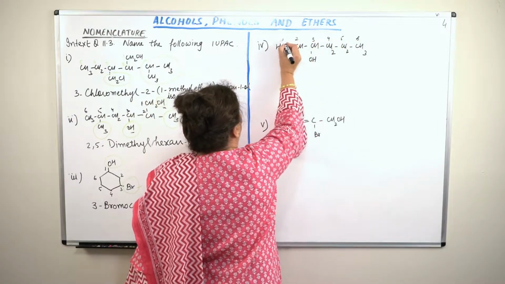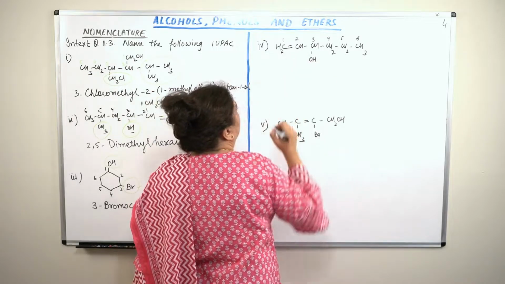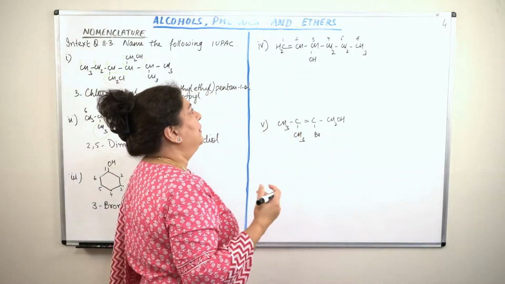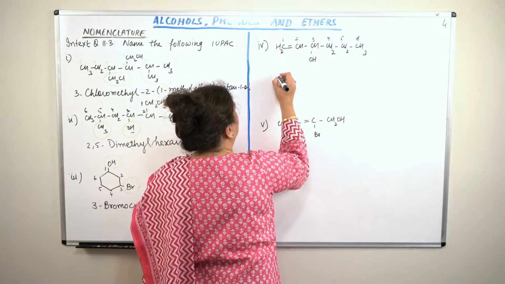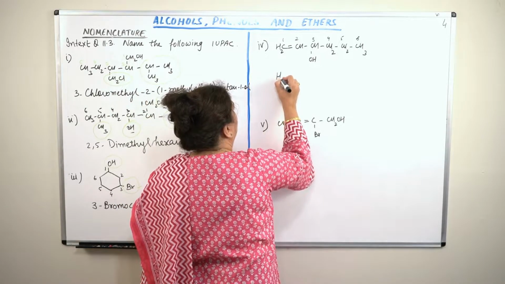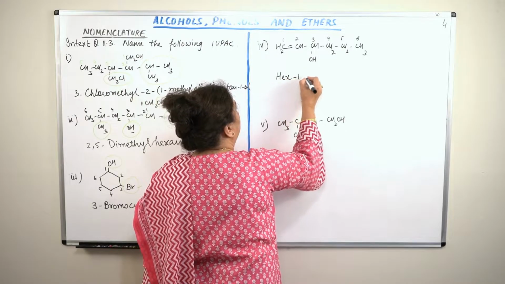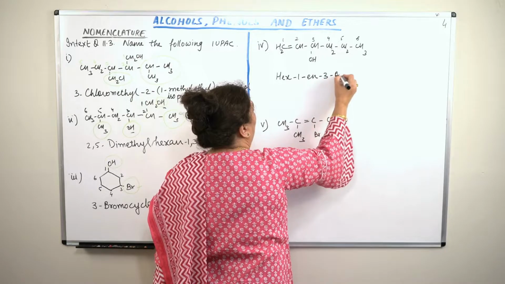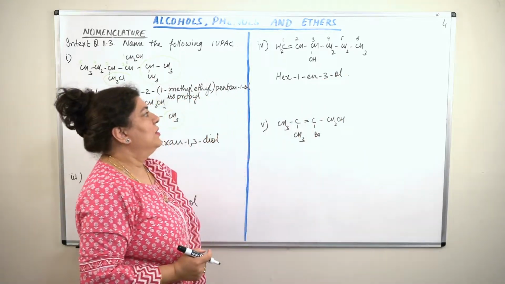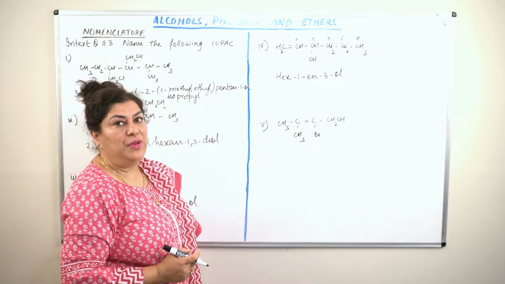So it is hexene, and on the third, hexenol. So on the third carbon is the ol. So it is hex-1-en-3-ol. Hex-1-en-3-ol.